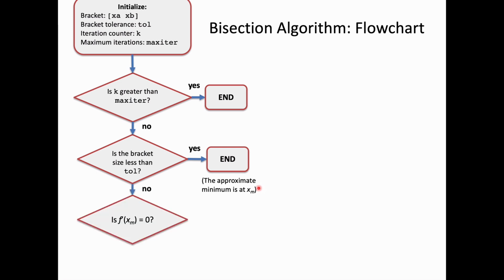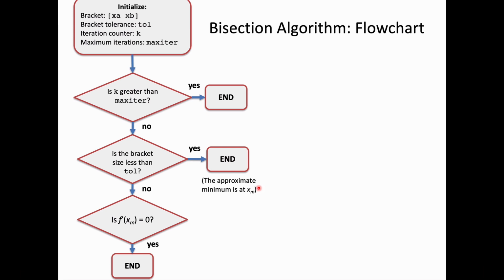If we have not shrunk the bracket to a size that's smaller than this tolerance, then we have a look at the derivative. We ask the question, is this equal to 0? And if it is, then, well, we are at a point that, if we have an initial bracket where the slope is negative on the left-hand side and positive on the right-hand side, then we're definitely at a minimum.